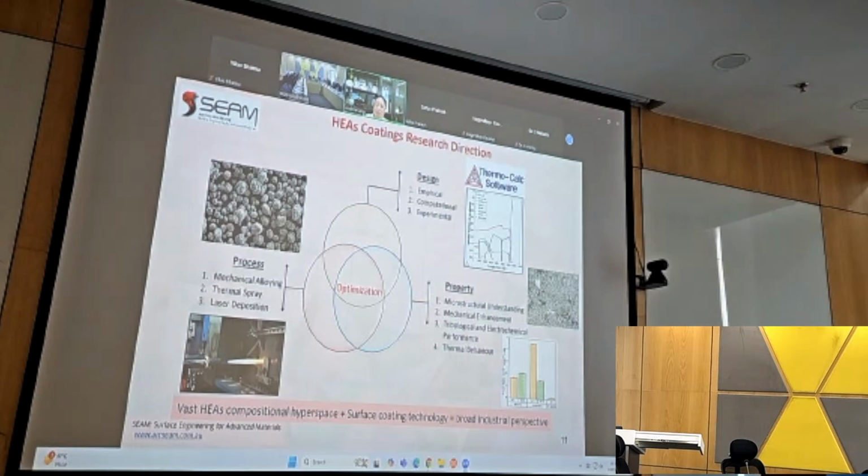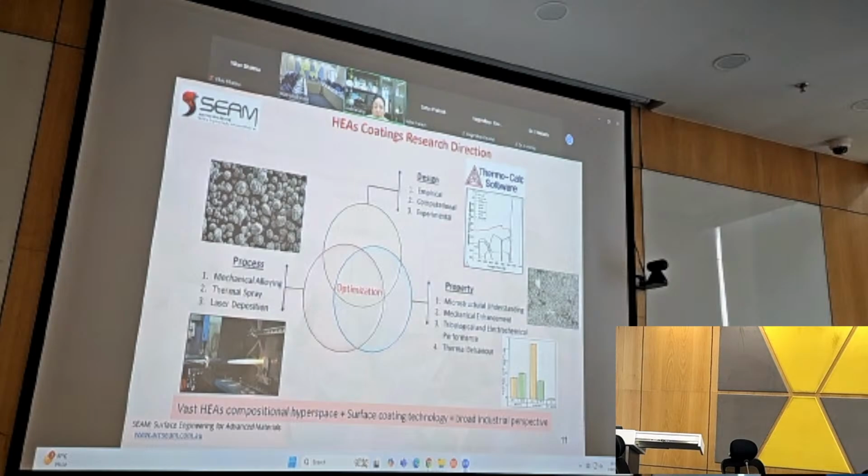We use thermal software, we use computational means, and we then do the creation of the material and processing it, and then matching the properties, and sometimes going through the start again. So we do this iterative work, and so far it has been quite successful, and here today we'll share some of the various results.